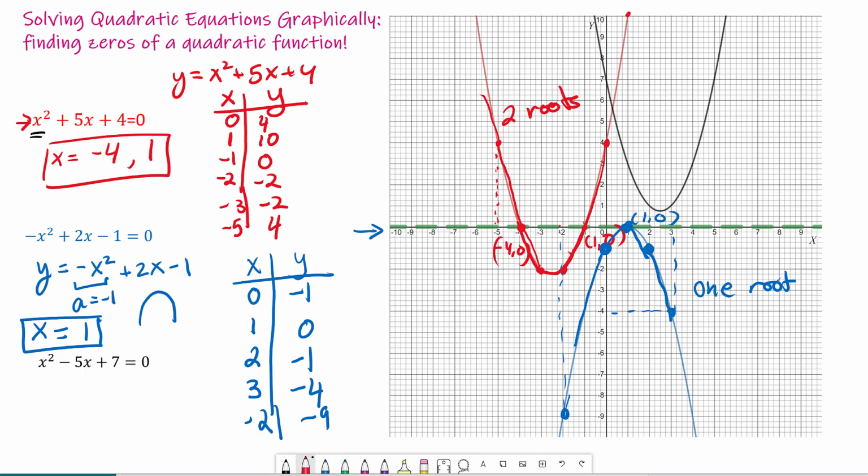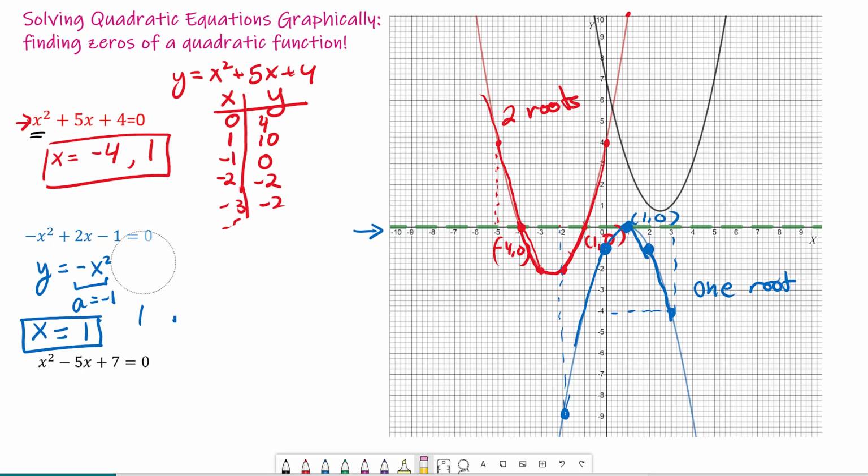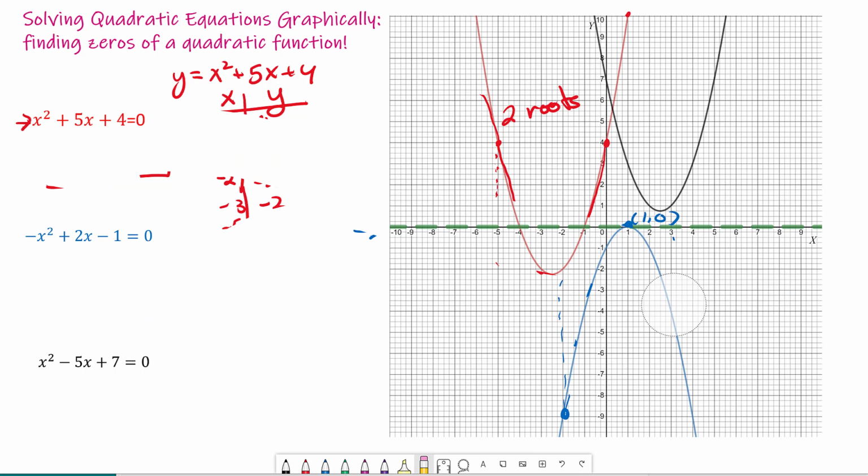Okay, so now we have one more example, and in order to go through it, I will do some erasing here so that we can actually see what we're doing. So in this case, we're looking at this black example here, the graph in black, and you can tell that there's something interesting about this graph that's different, and that it's not actually crossing the x-axis. So what does that mean?